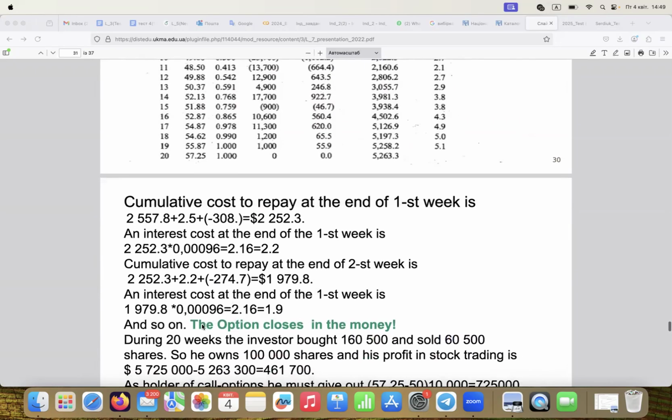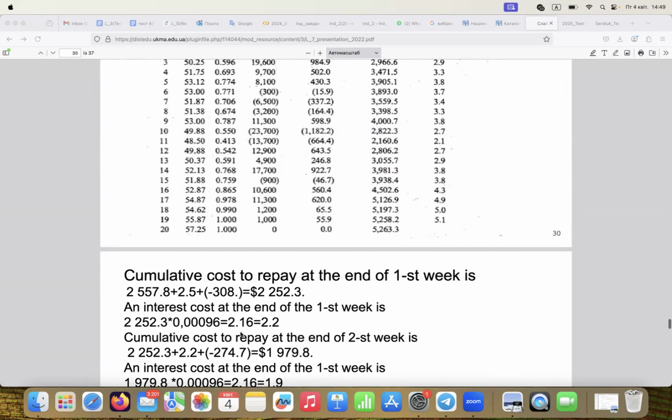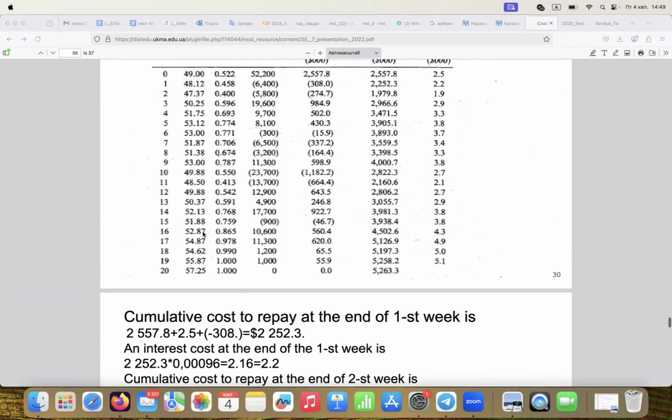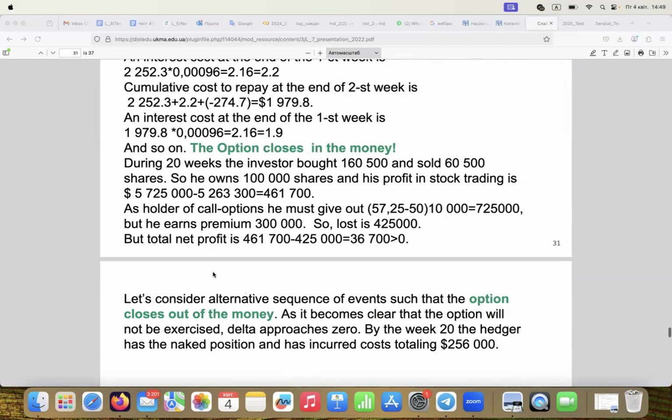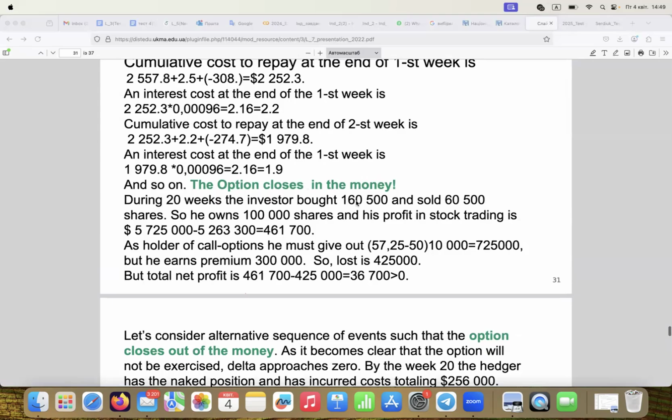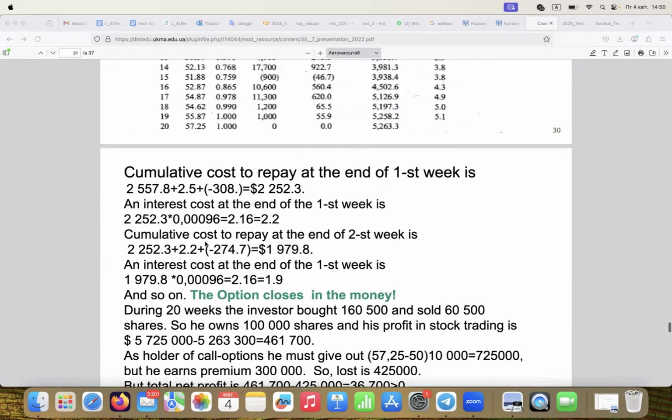more than 50 even. The option closes at the money, and the stock is more than this. So we can say that during 20 weeks the investor bought 160 and sold this amount of shares. Why?